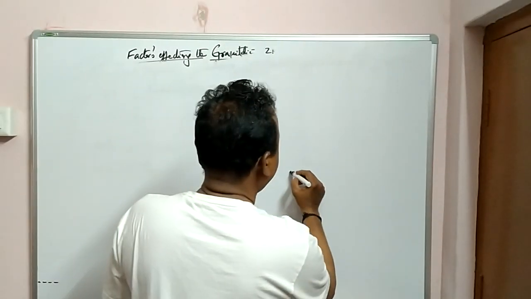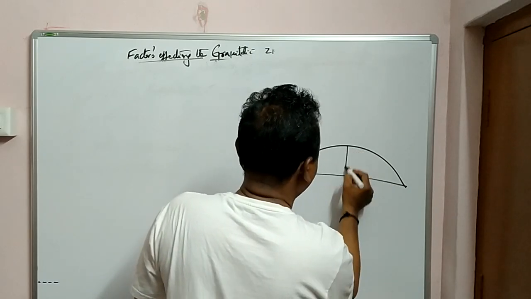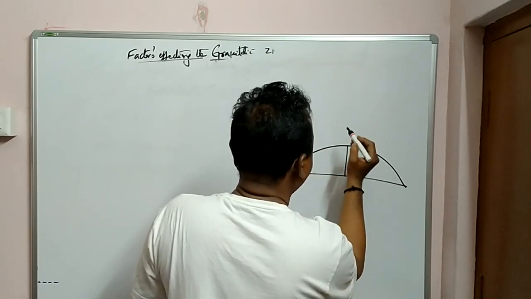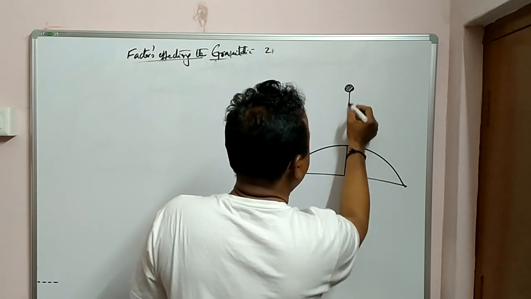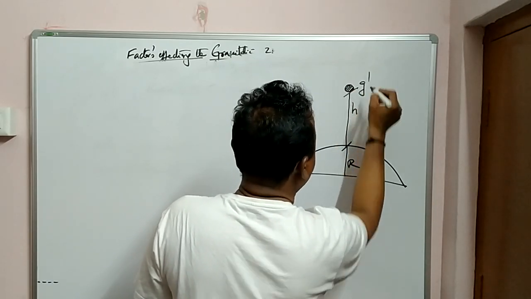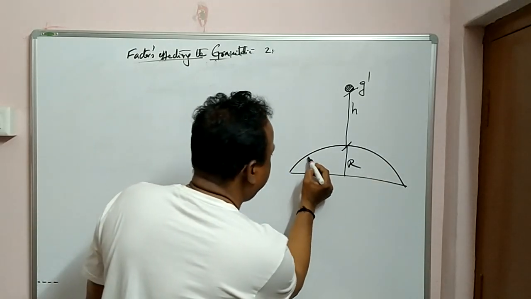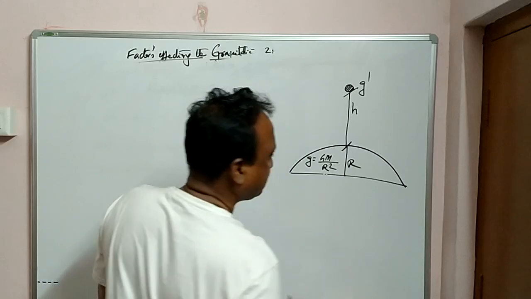Now see here, suppose let us assume this is the earth surface, radius r. From here, suppose a person has gone to this height. Let this height be h. Now here I want the g dash value. Already on the earth surface you know the value of g. What is the g value? G M by r square.